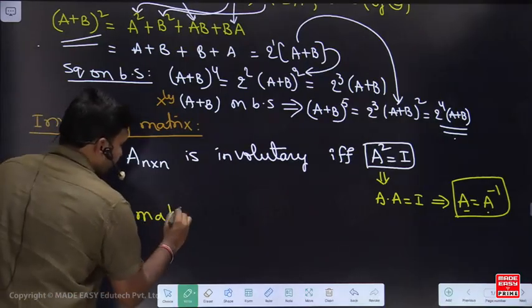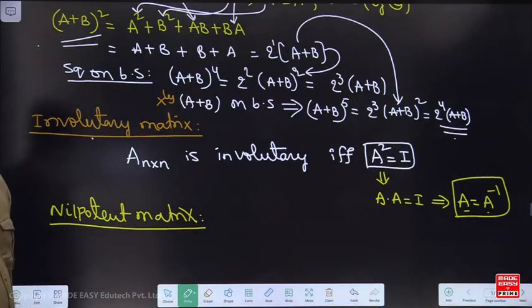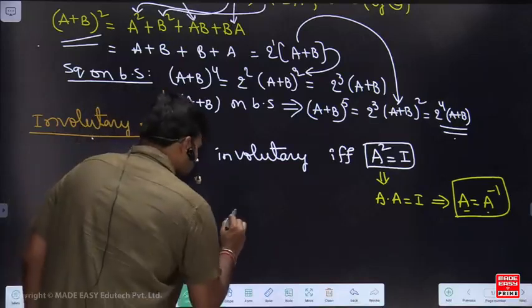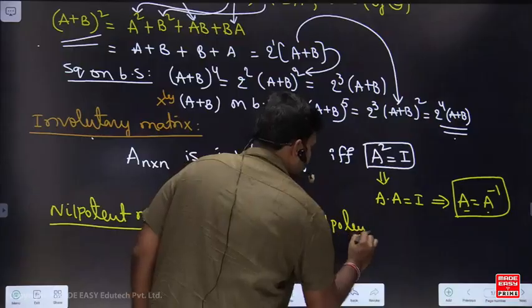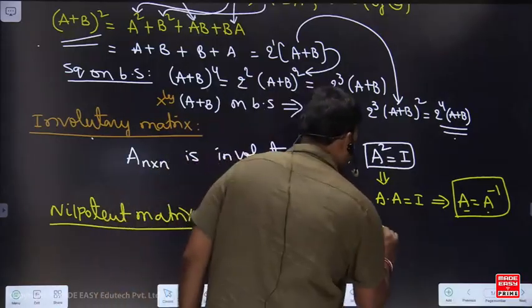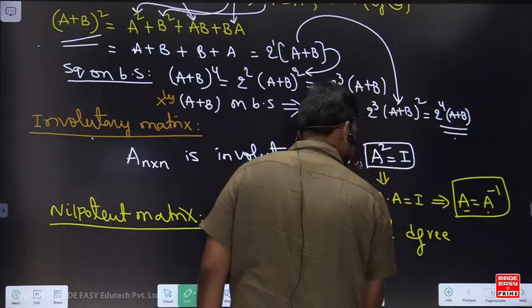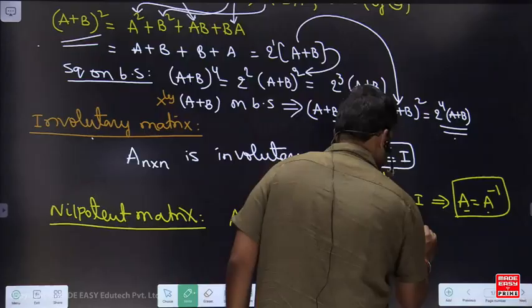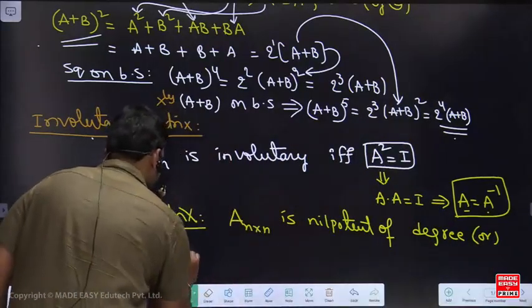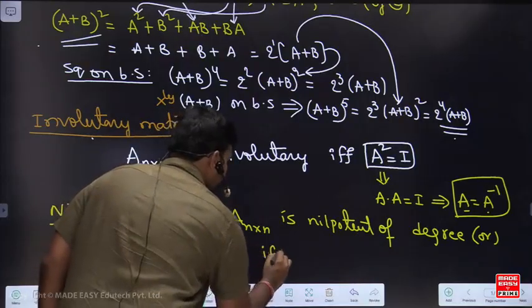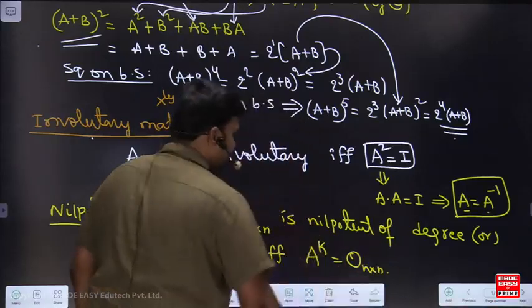Nilpotent matrix. Please take this heading, that is nilpotent matrix. So what is a nilpotent matrix? A nilpotent matrix is nothing but: A, n by n, is nilpotent of degree or index k if and only if A power k is equal to a null matrix.